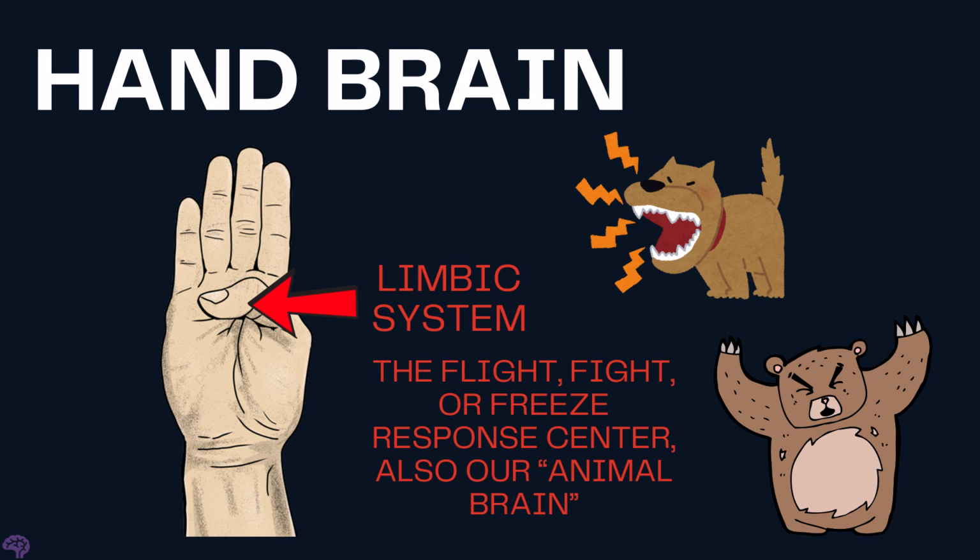If we get scared, or some kind of trauma happens, somebody scares us or we hear a loud noise or we think we're somehow in danger, then the limbic system, our animal brain, comes into play. You can think of a barking dog, right? He's scared, so he starts barking, or maybe a bear who's scared starts to bark and growl, but if you're more scary, they run away. So that's the limbic system.